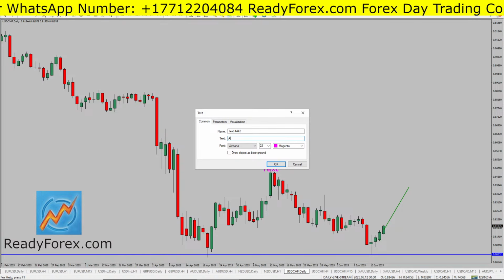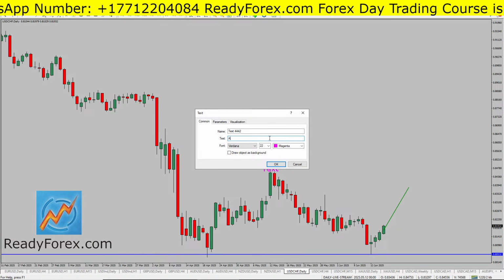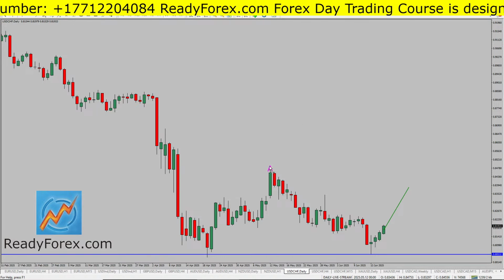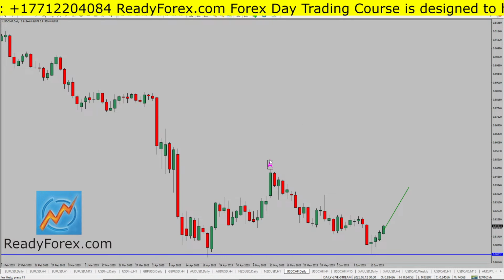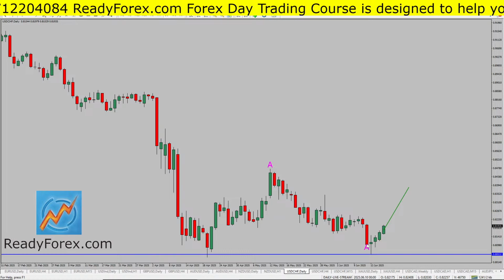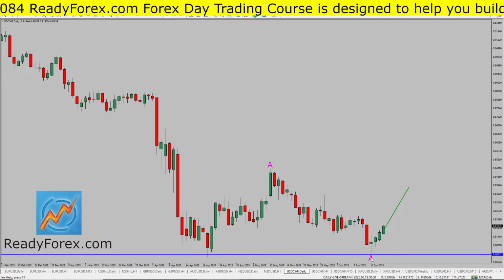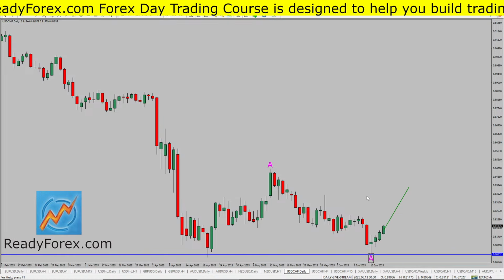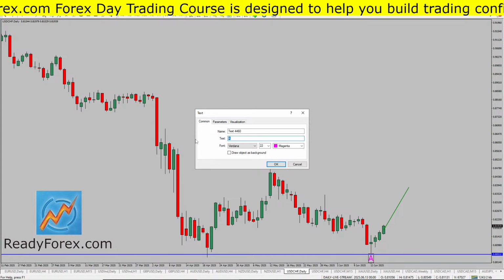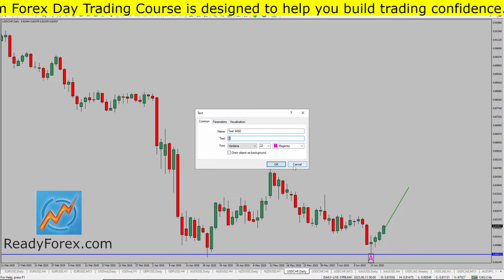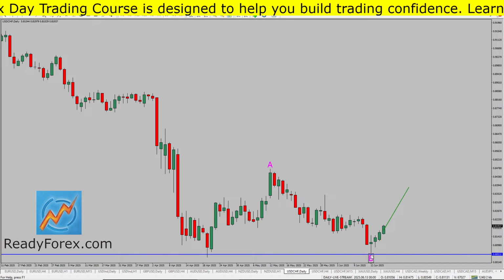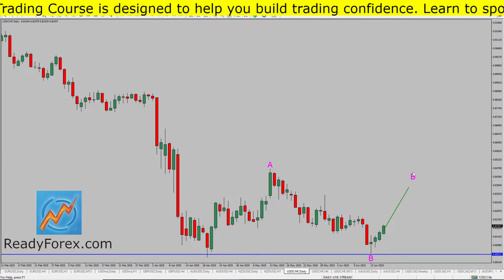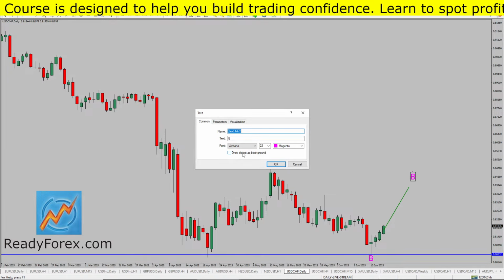So this one is the US dollar Swiss franc currency pair. So I uploaded the US dollar Swiss franc currency pair individual video a few hours ago on my YouTube channel. So this looks like to me we got a potential wave A, B, and expect a bullish leg wave C.